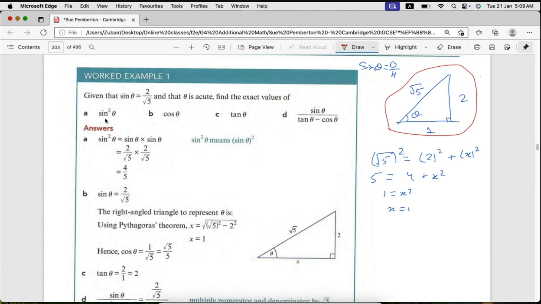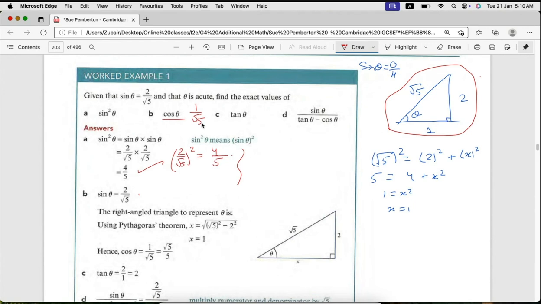Sine square. So sine square is simply 2 by square root 5 squared, 4 by 5. And then it says cos theta. We've already worked out the triangle, so we can simply read it from the triangle. Cos theta is 1 over square root 5.